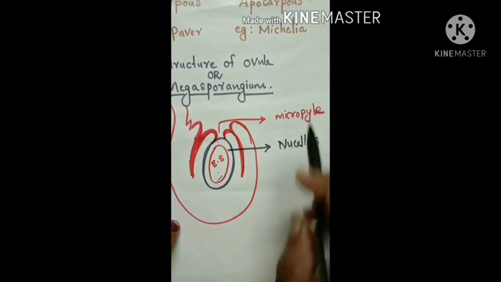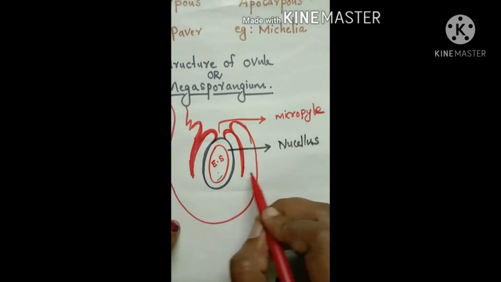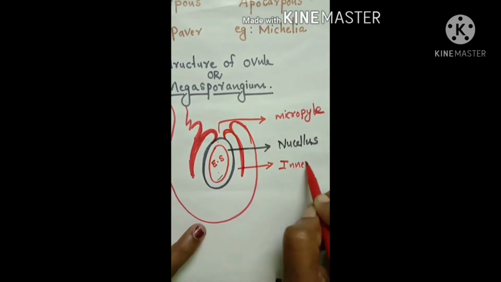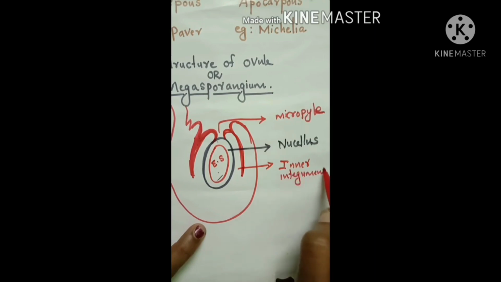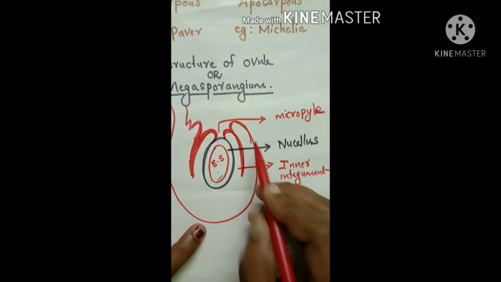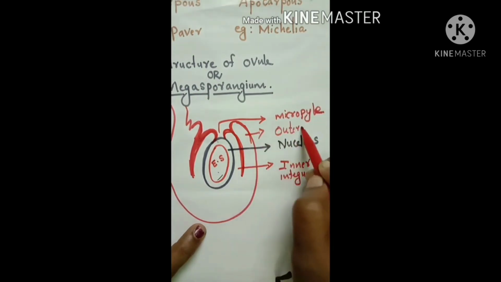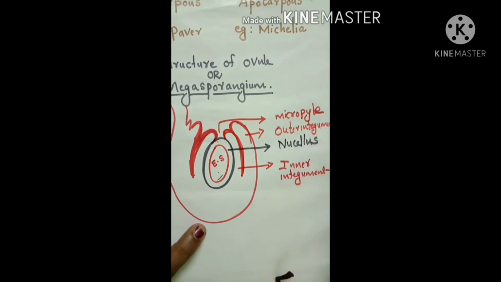Two integuments are there. This is inner integument and this one is outer integument. Inner integument and outer integument.